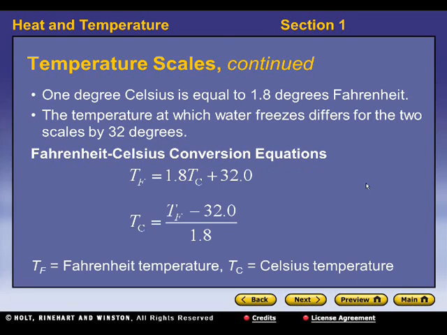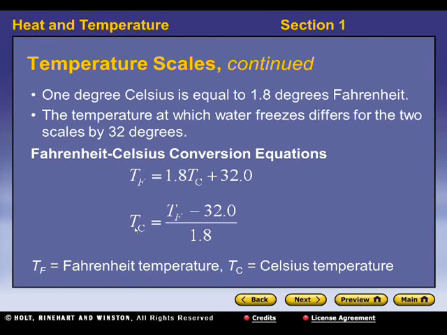Fahrenheit Celsius conversion equations. So if you're going to convert between Celsius and Fahrenheit, these are the equations in which you would do so. If you have the Celsius temperature and you want to convert to Fahrenheit, you use this first one, which is 1.8 times the temperature in Celsius plus 32.